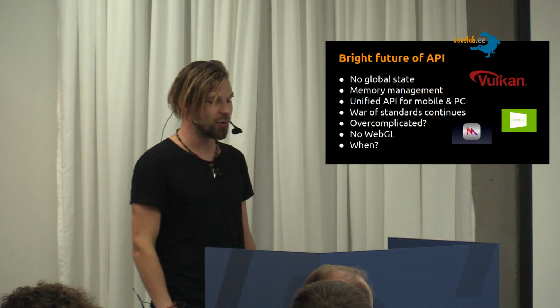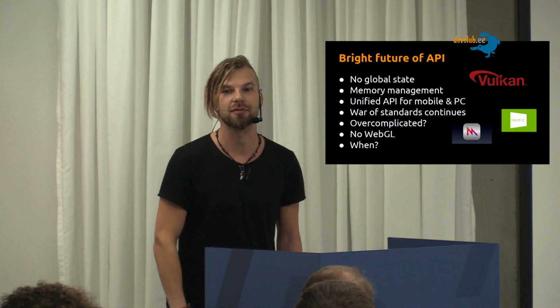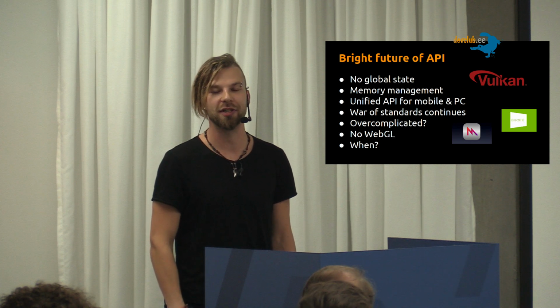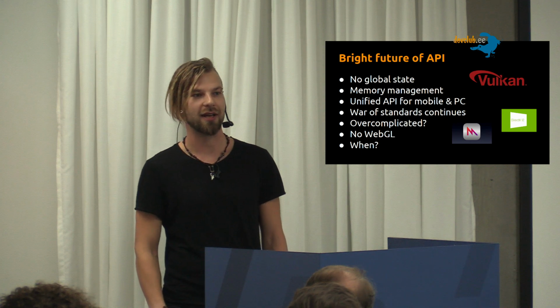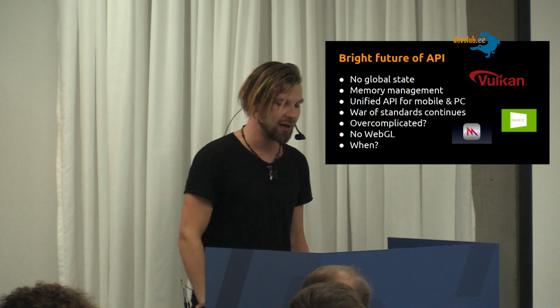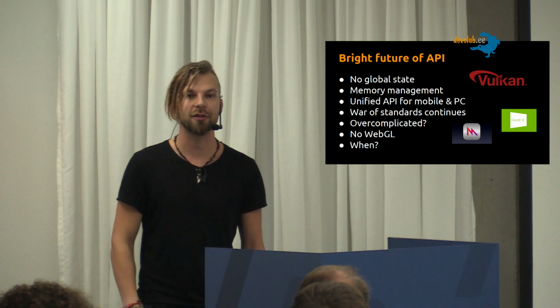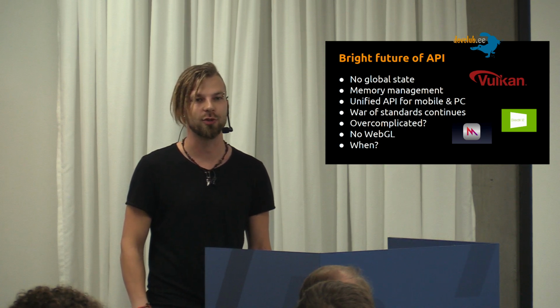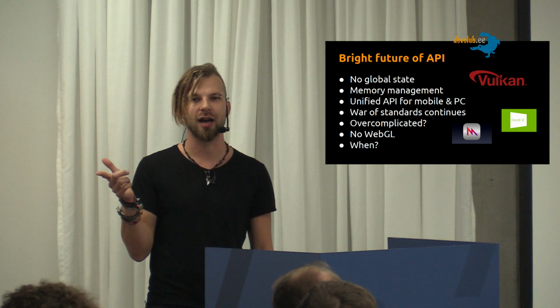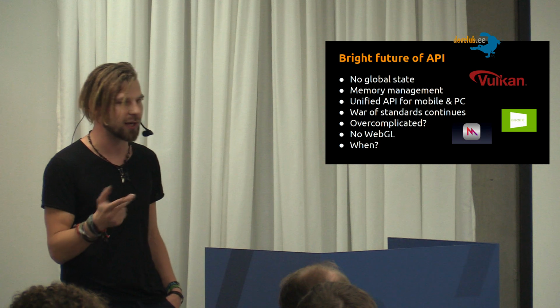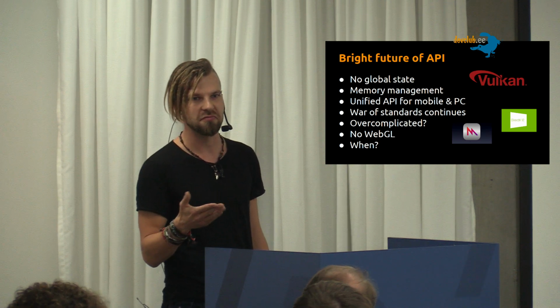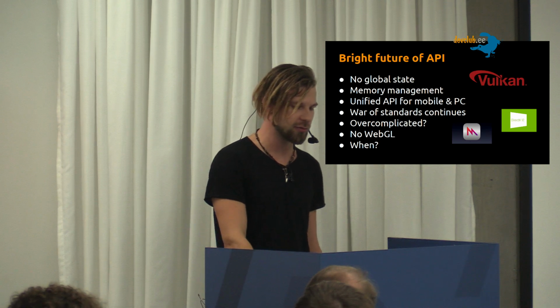But the new APIs have no global state, so rendering is possible from multiple threads using multiple cores of the CPU. It is possible to manage your memory, so you can ask the GPU driver whether we have a single memory chip or 2 memory chips, and then use this the way you want to optimize your code.